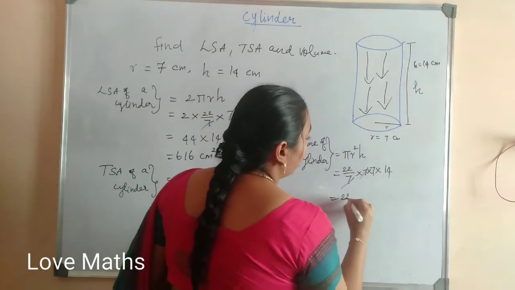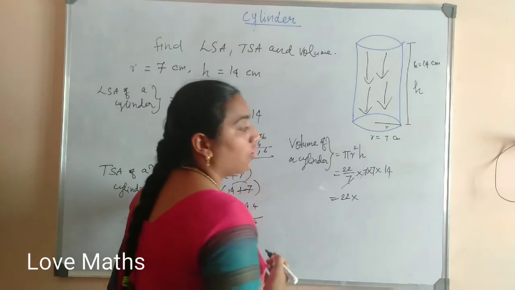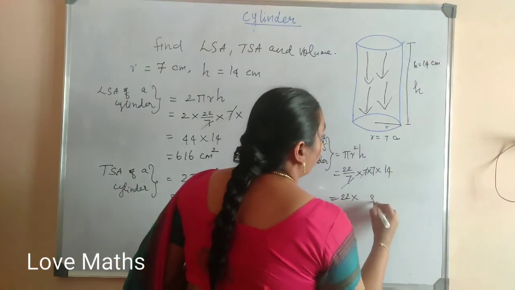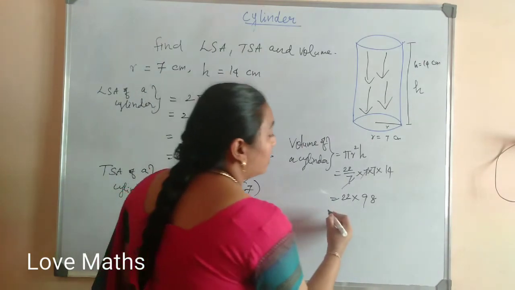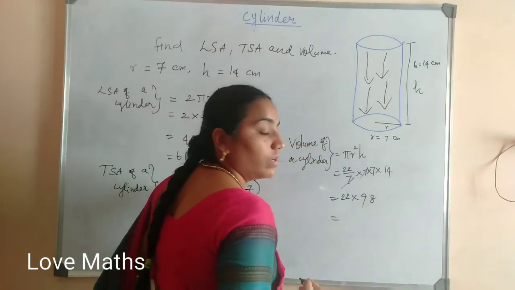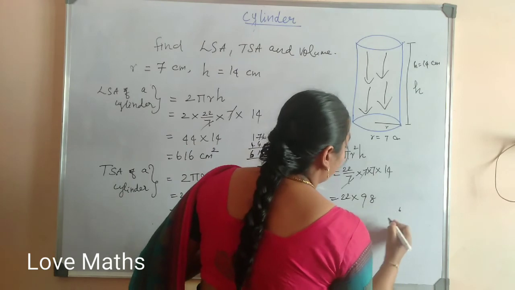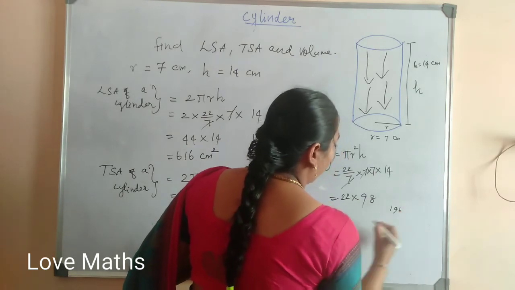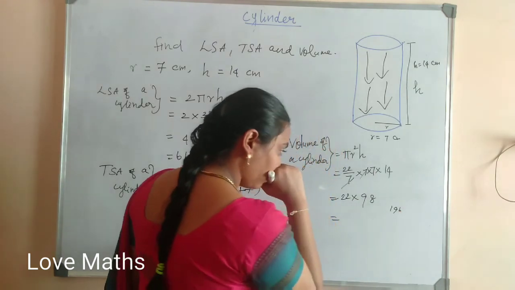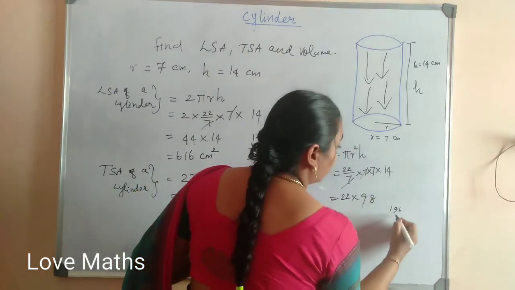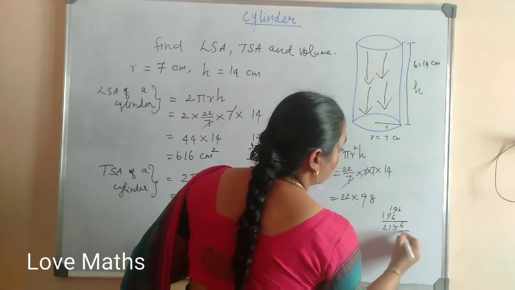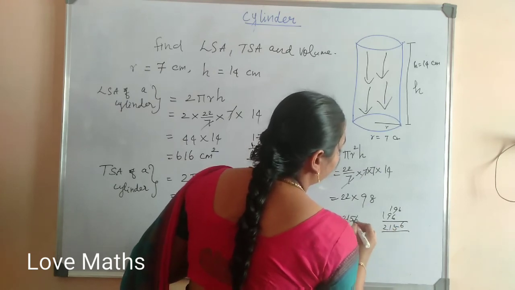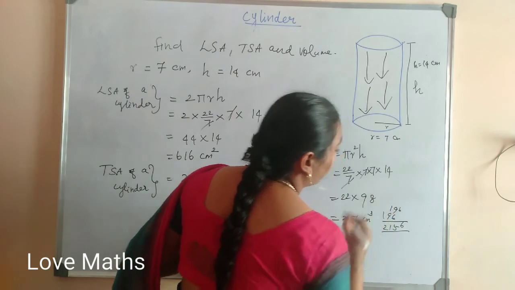So 22, 7 into 14 is 98. So these two you just multiply, you can get the answer. Still remaining 1, 18 plus 1 is 19. Again also 2 only. So adding this you can get the answer. So 2156, this is the volume, so centimeter cube.